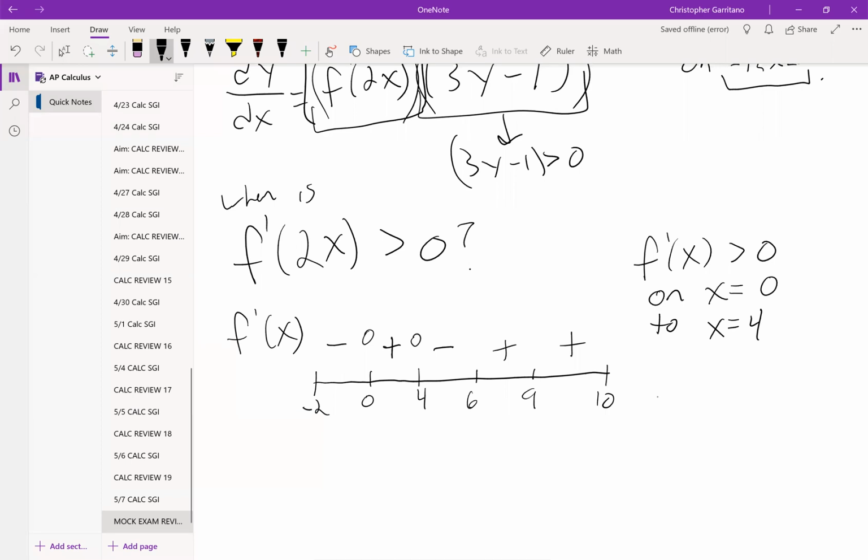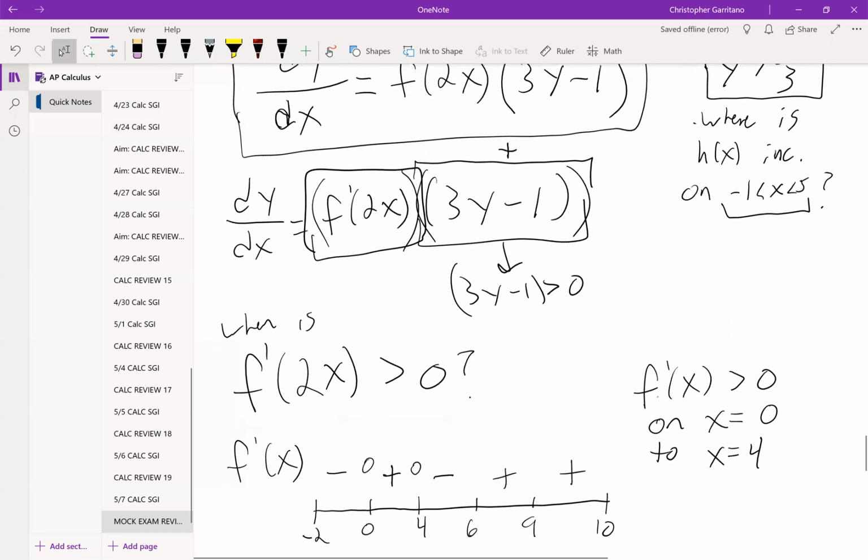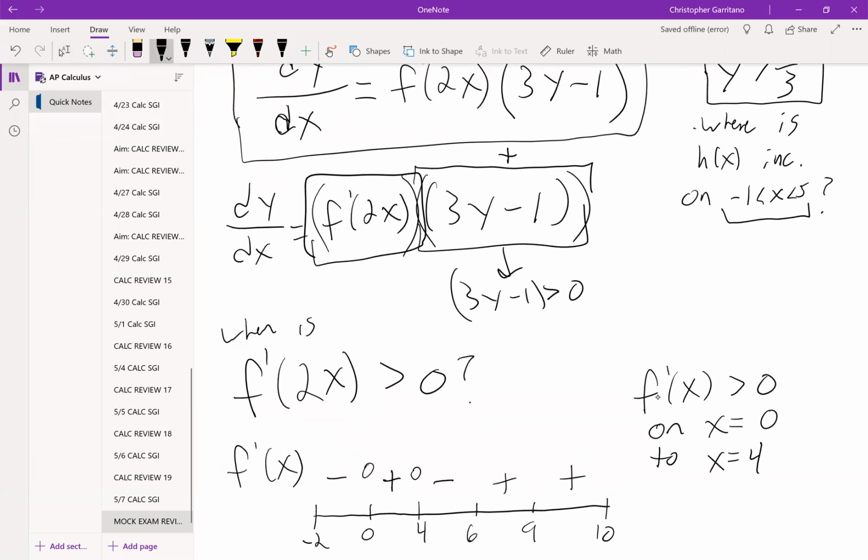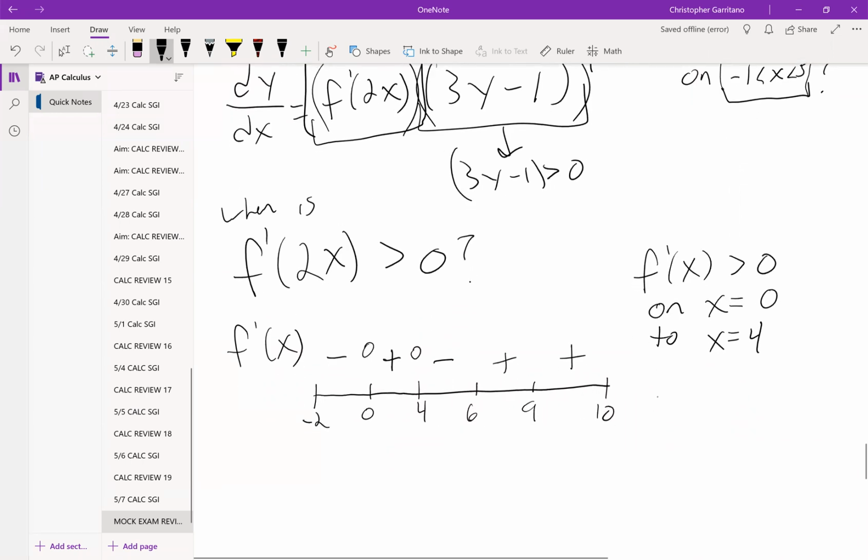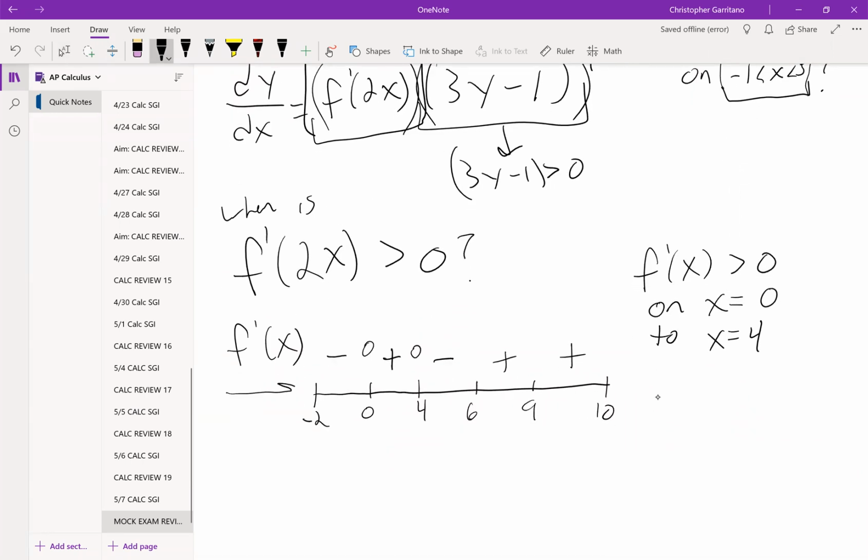All right, welcome back. I just wanted to fill you in on a correction that I made. I realized that the interval from -1 to 5 is with respect to h of x. Since I'm analyzing f prime, I'm going to look at f prime on its entire interval from -2 to 10, and that entire interval will be required when we analyze h of x from -1 to 5, and you'll see what I mean.